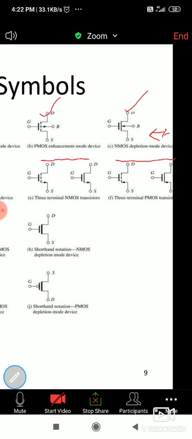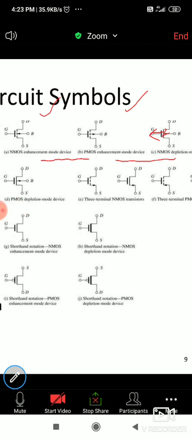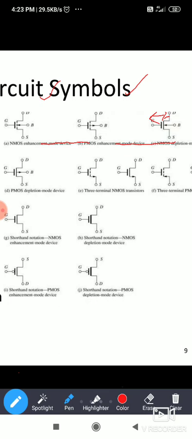You see here, figure C and F, three terminal NMOS transistors. Here bulk is not shown. This terminal is not shown in the line. We can indicate like this also. Three terminal NMOS transistors and here three terminal PMOS.